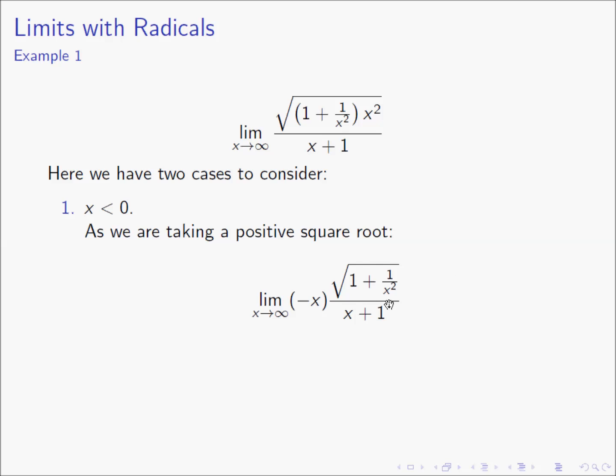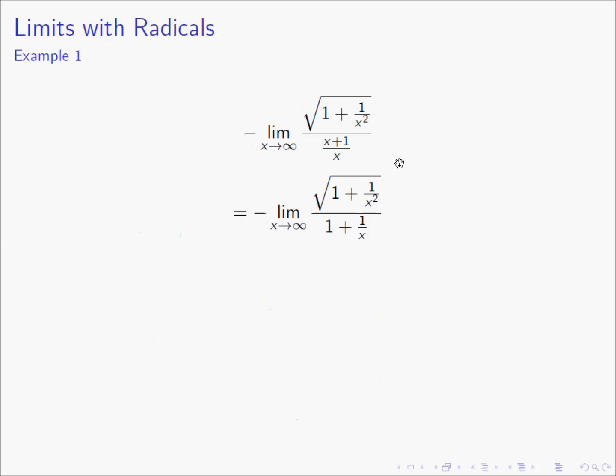So here in this case we can take the negative outside the limit and take the x in the denominator here. So we have this expression, and we can write it like this. And now this is easy to solve because anything that is divided by x will go to 0 as x approaches infinity.